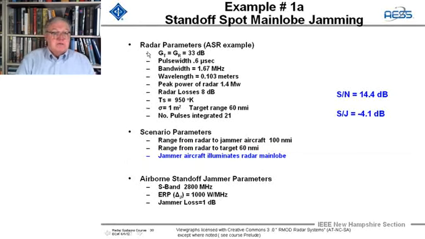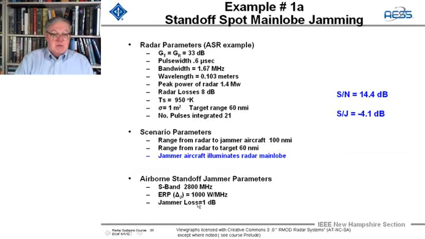Now, here is an airport surveillance radar that we've dealt with. And if we have the range from the radar to the jammer at 100 nautical miles, and the range from the radar to the target, they're supposed to see out to 60, and the jammer aircraft illuminates the main lobe, and this jammer has these characteristics which are not unreasonable.